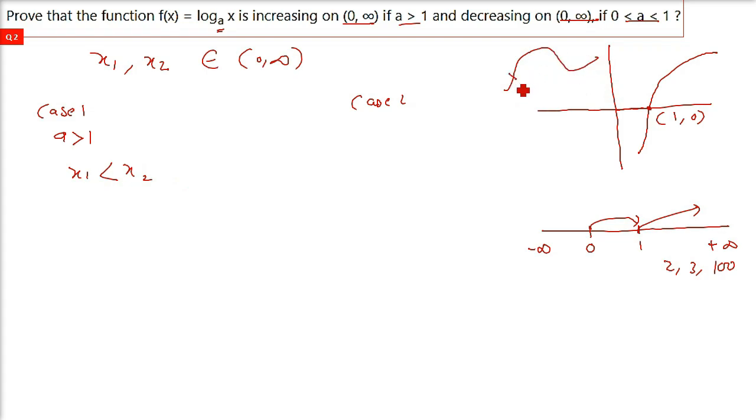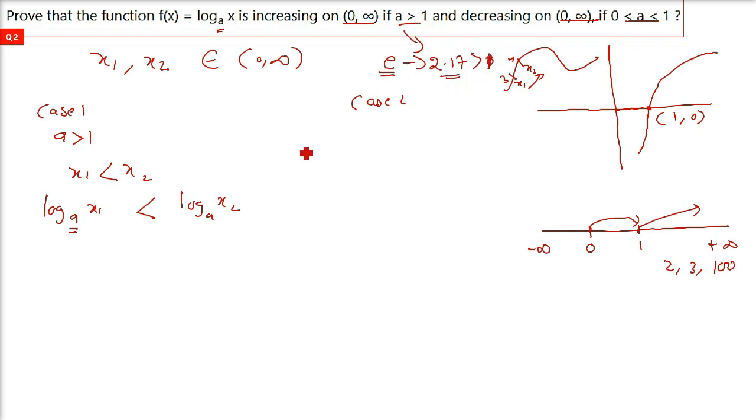We take these two points, and x1 is lower than x2. If x1 is less than x2, we take log of x1 and log of x2, with base a. Since a is greater than 1, log of x1 and log of x2 will follow the same relationship. I told you that the base of log is normally e, which is 2.718, a positive value greater than 1.